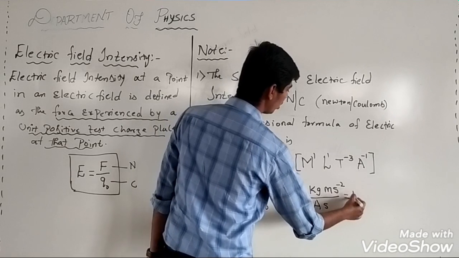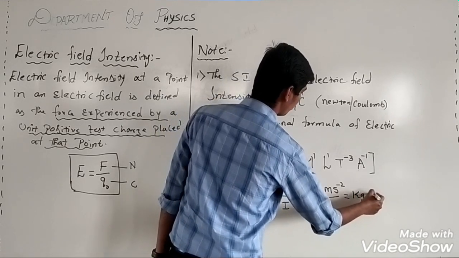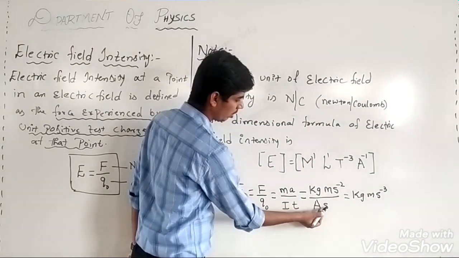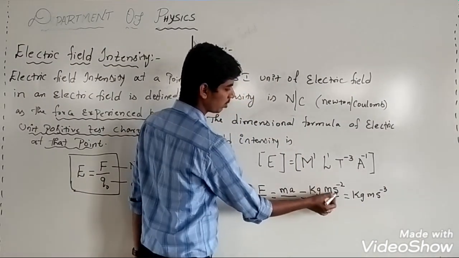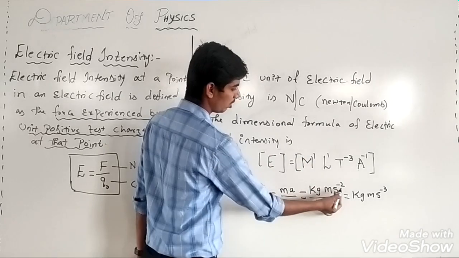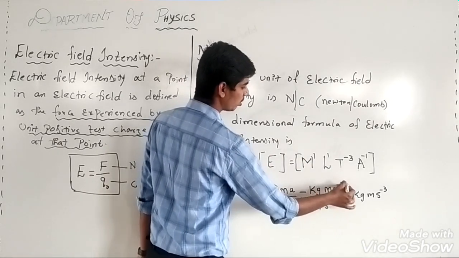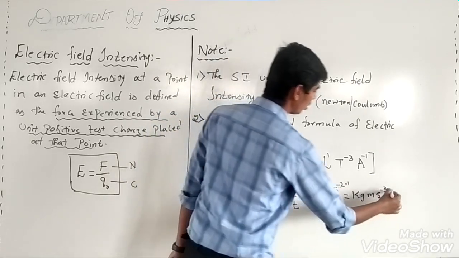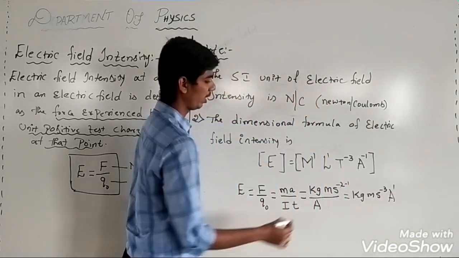So this would be kg meter second power minus 3. When this second goes to numerator, it becomes second power minus 3. Here we have minus 2. Goes to minus 1. Second power minus 3 and ampere power minus 1.